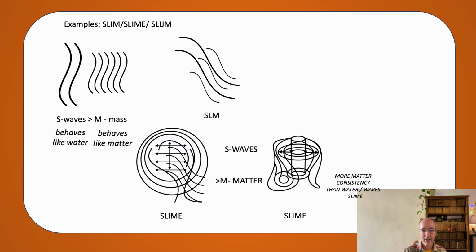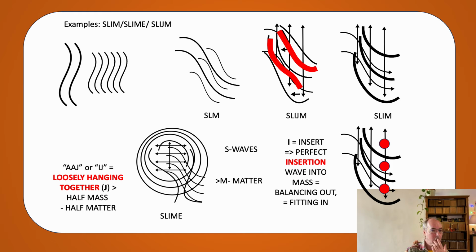The same thing with slime. The slime is also in between these waves, where waves behave like water, and the M or mass, which behaves like matter. If water slightly changes and already starts to behave like matter, water will slow down its waves, and these waves will behave more like matter, and they will become like slime. This consistency will become different. And that's what it is.